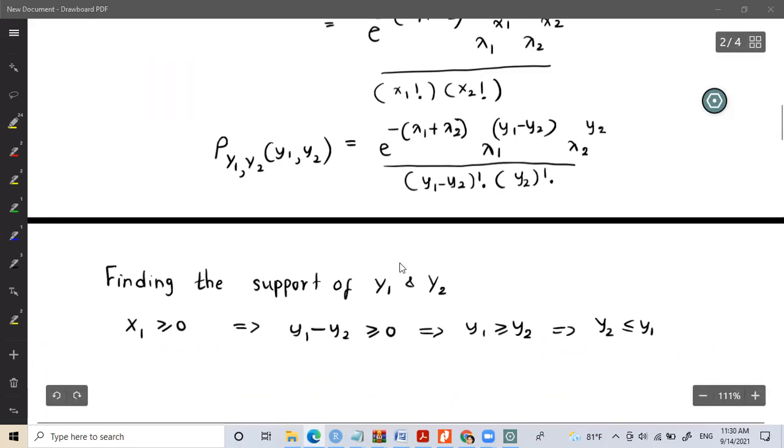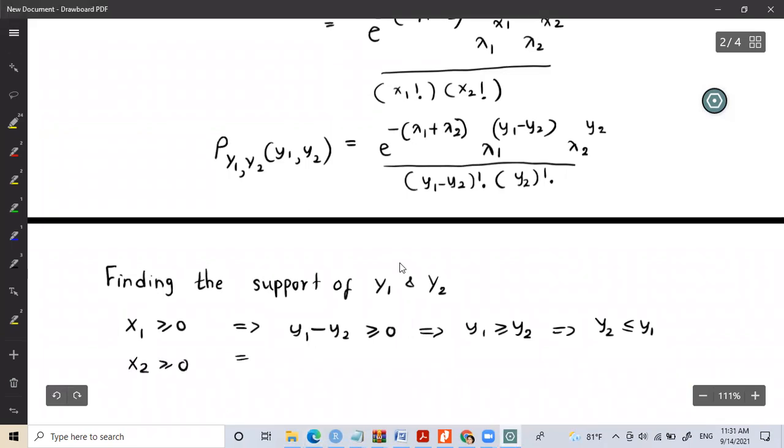Right? Okay. x2 is greater than or equal to 0, which means x2 is y2, so y2 is greater than or equal to 0. Right? So how do you write the final answer? You can fix one, either y1 or y2. Okay. So let's fix y1.